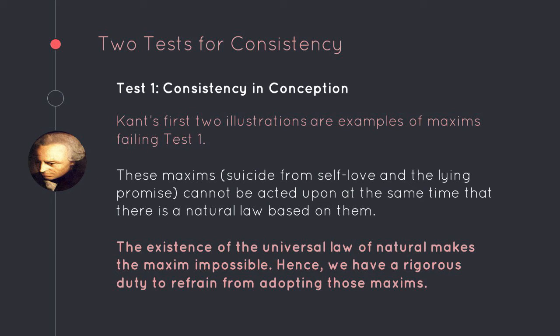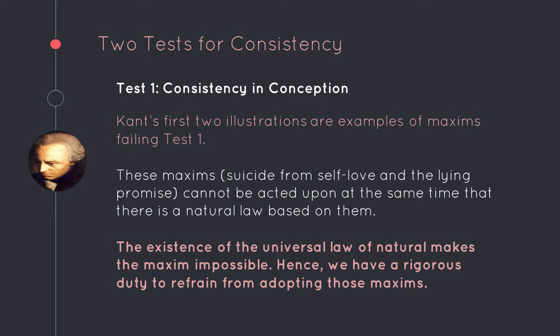The suicide from self-love illustration is notoriously difficult. The lying promise example is a little more straightforward. I think you'll understand it quite a bit easier. The idea is that if it were a universal law that when it served their interests, everyone would make a promise that he or she did not intend to keep.